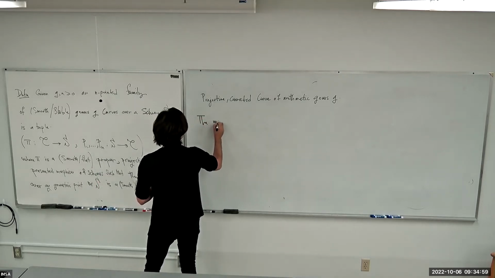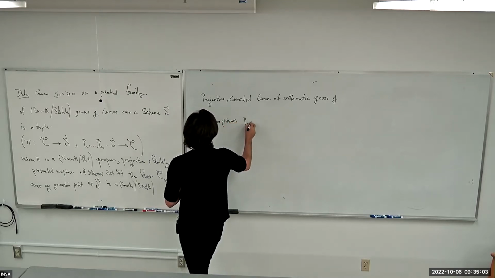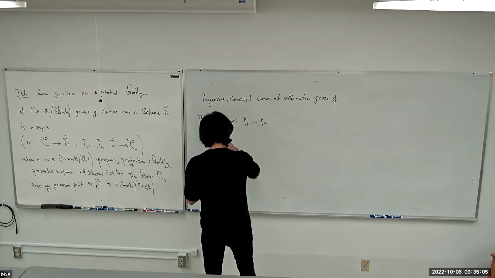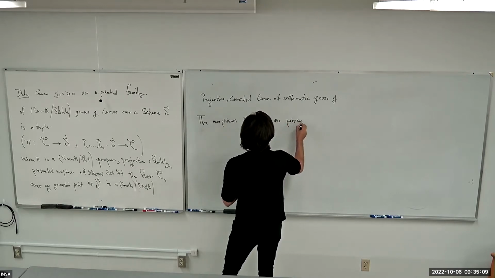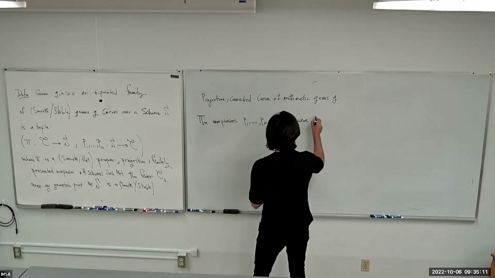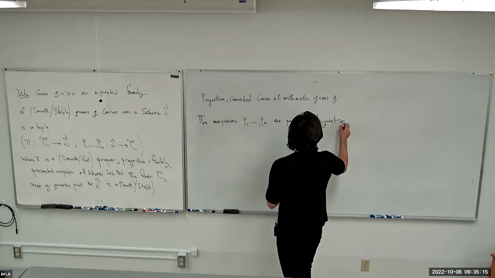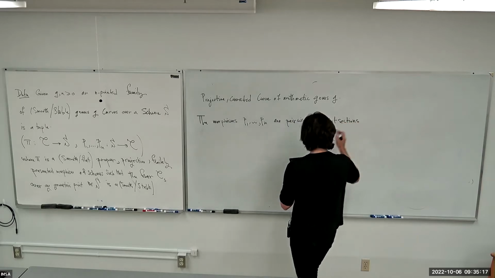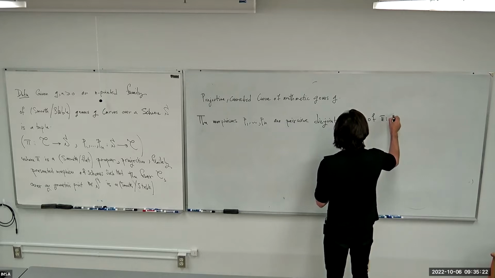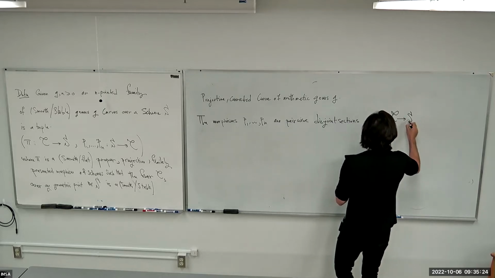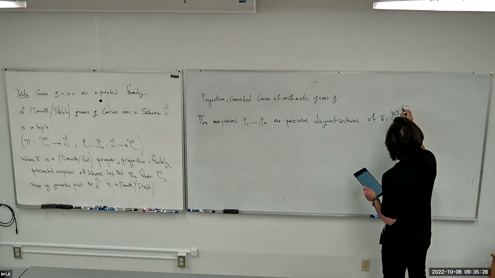So the morphisms P1 to Pn are pairwise disjoint sections of π from C to S. So these are sections of this morphism.